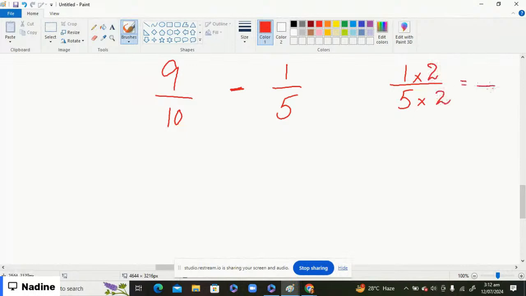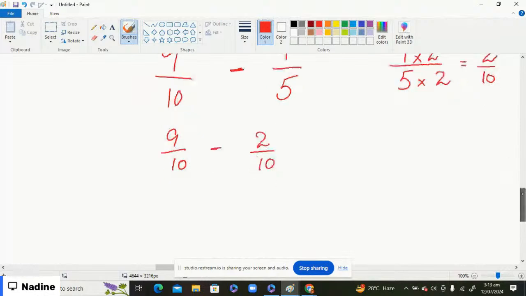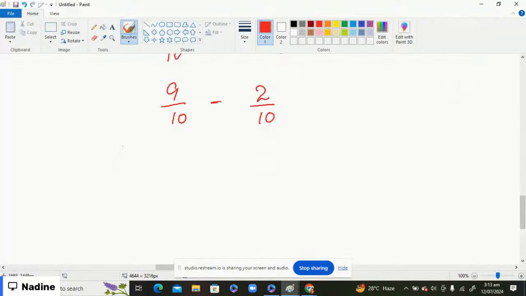In this way we are going to make them equal, and 1 times 2 is 2. So in place of 1 by 5 we are going to put 2 by 10. Now we are going to take 10 as common here, and now subtraction only. 9 minus 2. What is the answer of 9 minus 2? That is 7 over 10, and this is your answer.